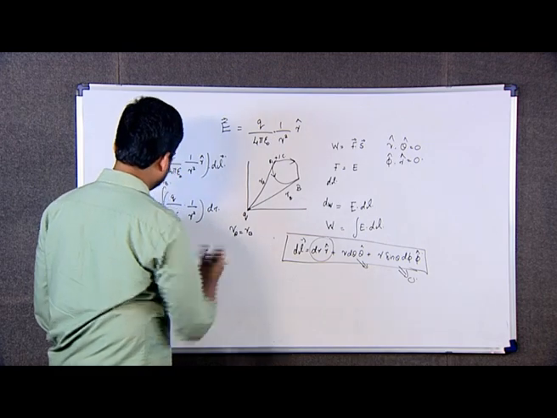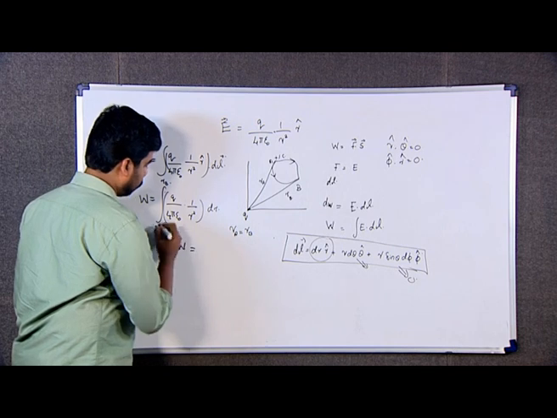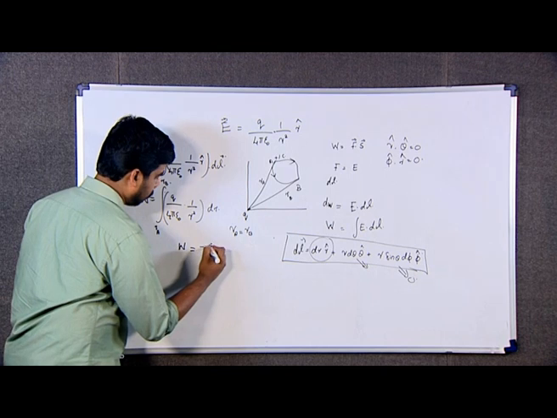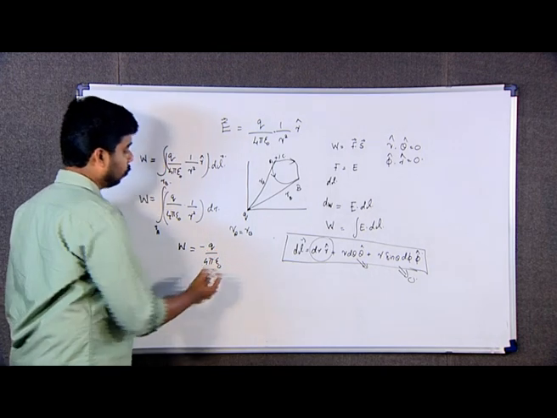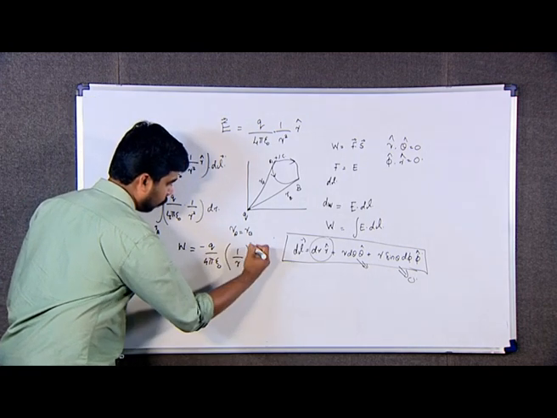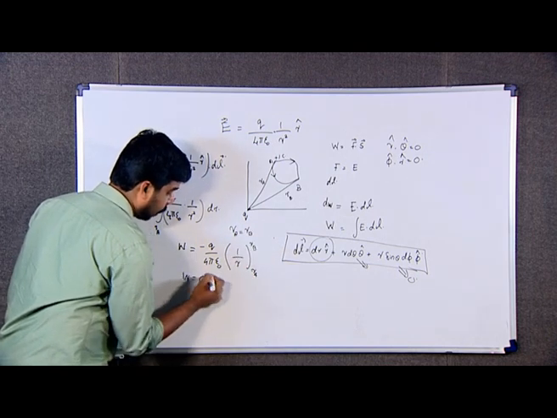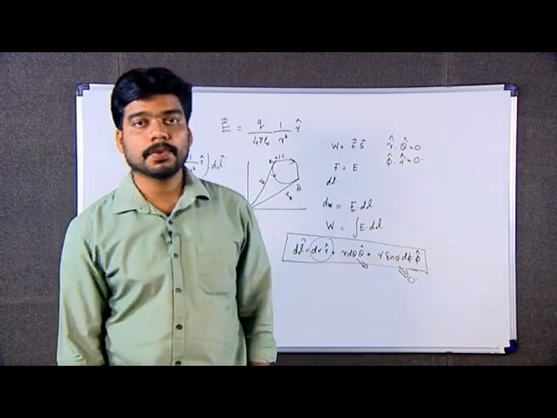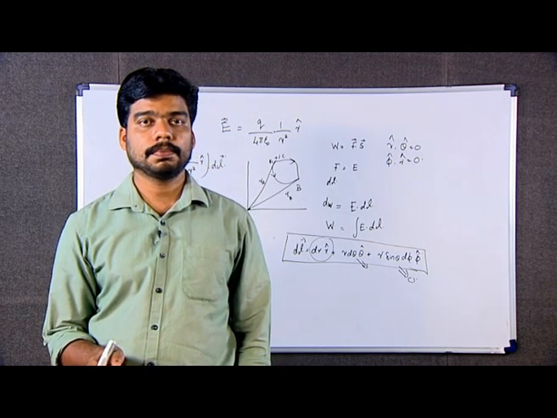In that case, Ra is equal to Rb, then W is equal to minus q by 4 pi epsilon 0 into 1 by r, with the limit from Ra to Rb. Since both the limits become the same, the total work done is equal to 0. So, this is how we prove that the work done along a closed path is 0.